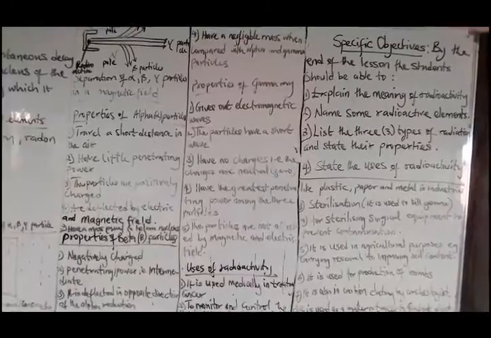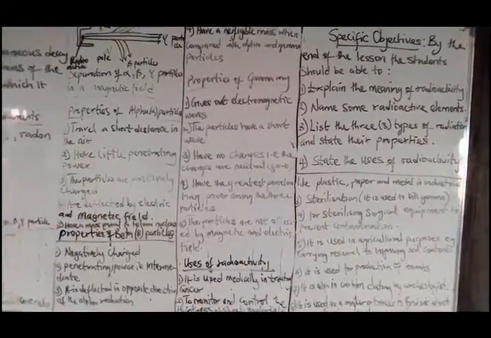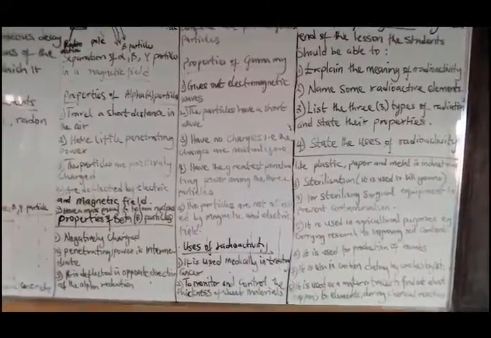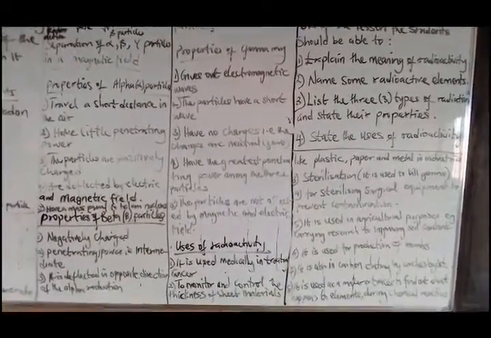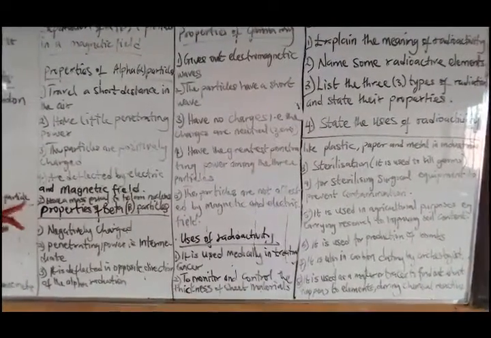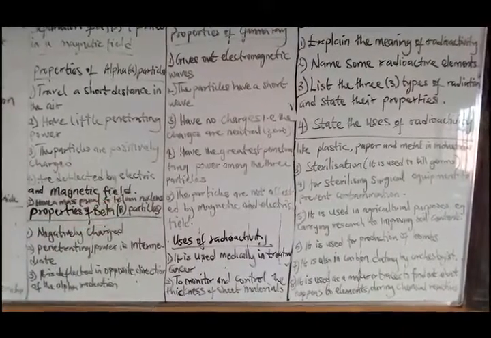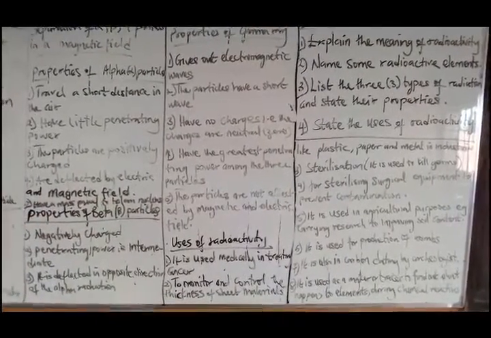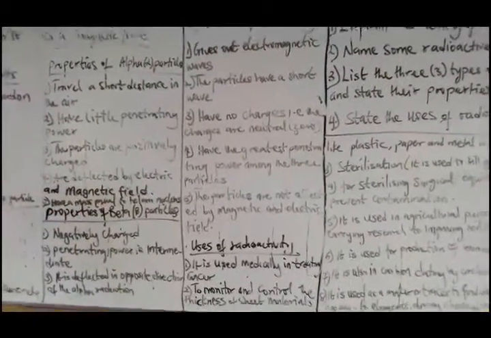Number 2, it has little penetrating power. Number 3, the particles are positively charged. Number 4, they are deflected by electric or magnetic field. Then number 5, they have a mass equal to a helium nucleus. Remember, in the element table, helium is the second element.